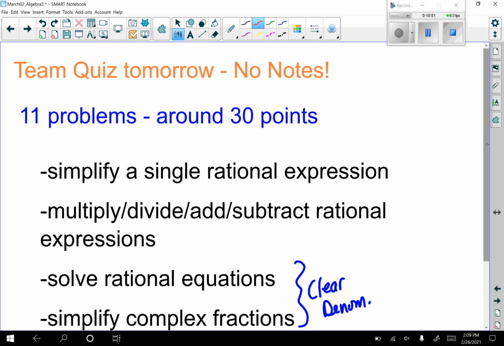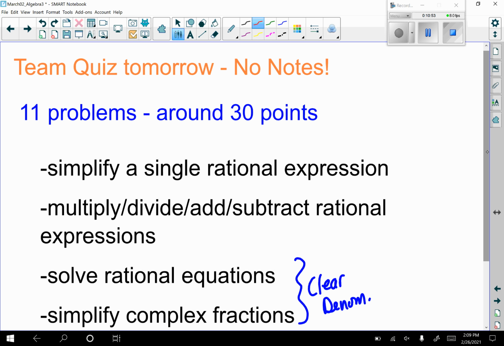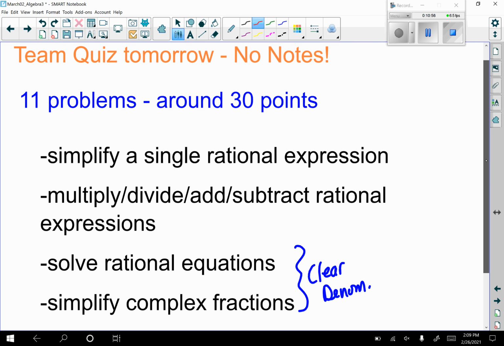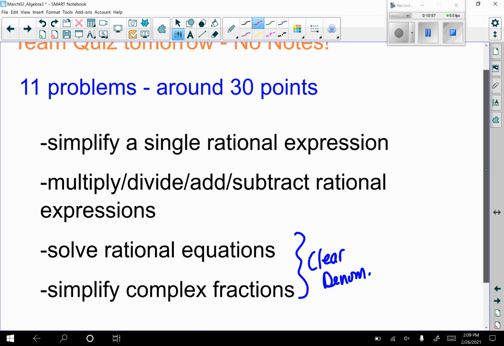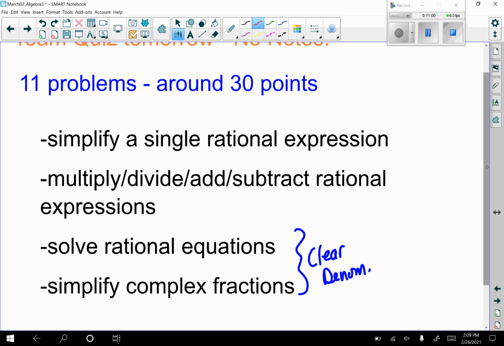All right, so as I mentioned last week, you guys will have a team quiz tomorrow for my remote students, a little different. Again, you do not have to join Zoom for this. I will give you a due date when this will be due tomorrow. So again, 11 problems, around 30 points. Pretty much everything we just practiced has been these types of problems in the first 5. So I'm going to give you some more complex fractions to simplify.